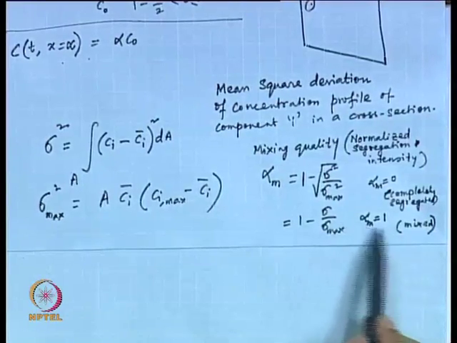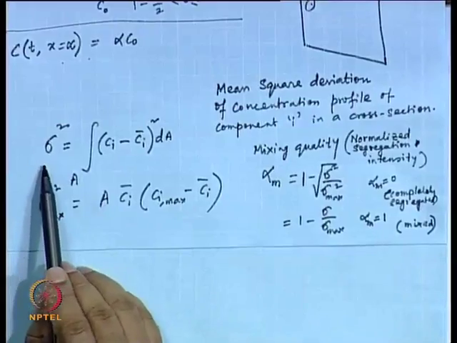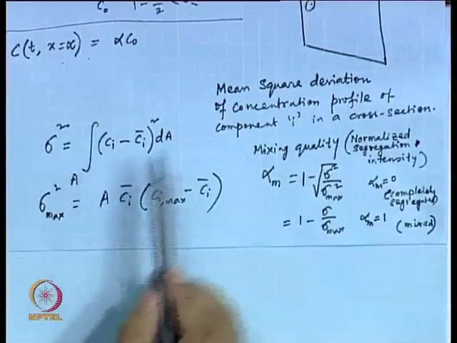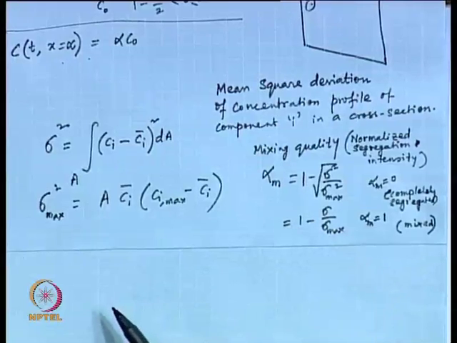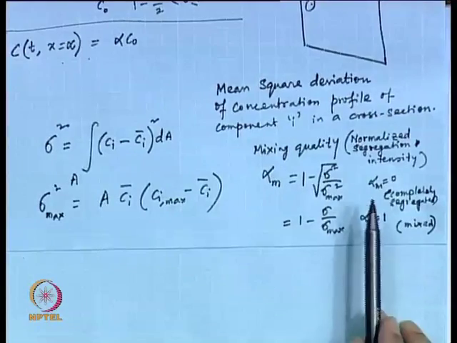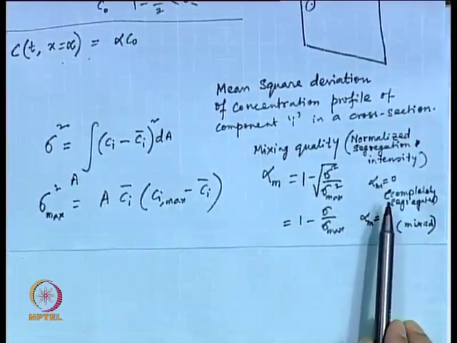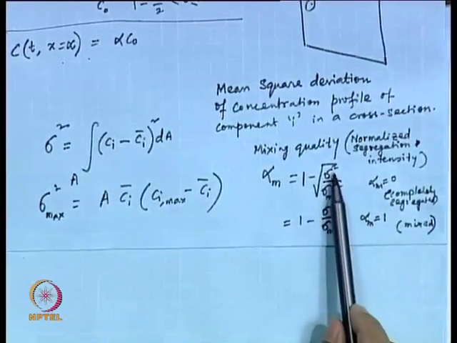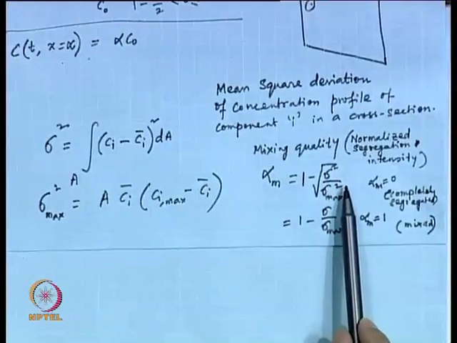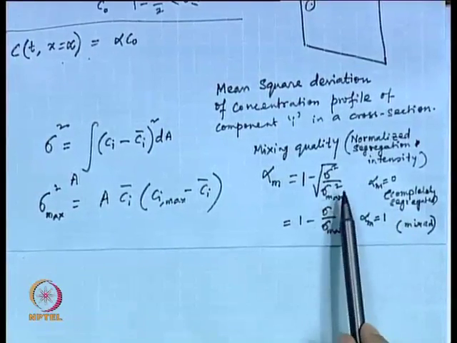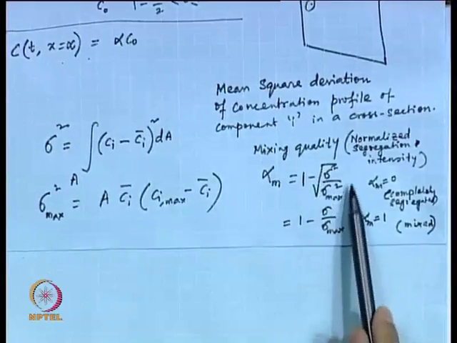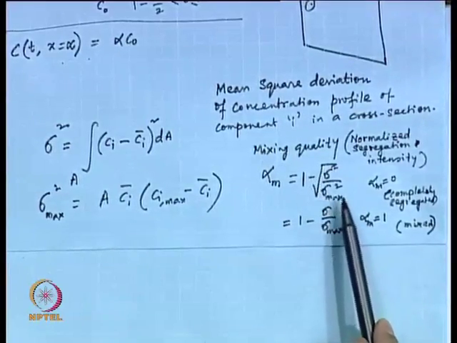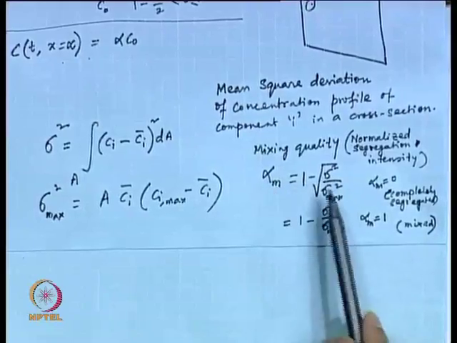That means alpha m equal to 1 means sigma is equal to 0. That means there is absolutely no standard deviation. All points are basically Ci bar. So, you will consider that to be completely mixed. Whereas, if alpha m is equal to 0, that means this quantity is 1. That means this could be the highest value of this quantity, and that means this could be the lowest value of alpha m, and that you are assigning.